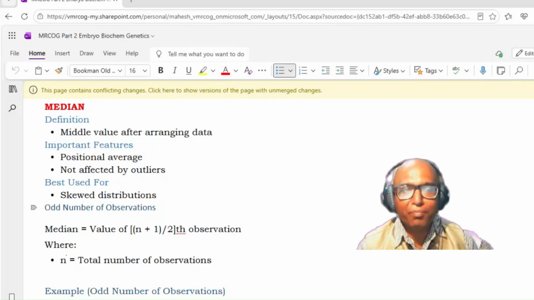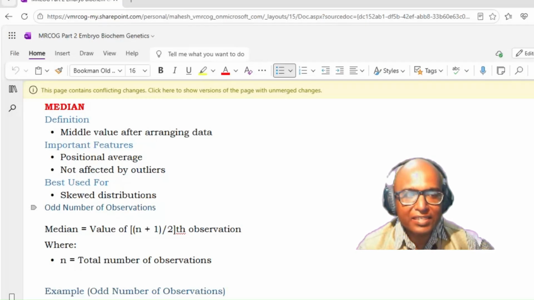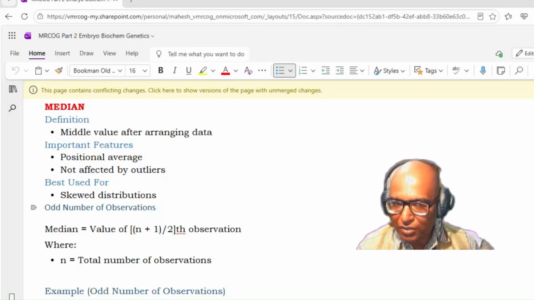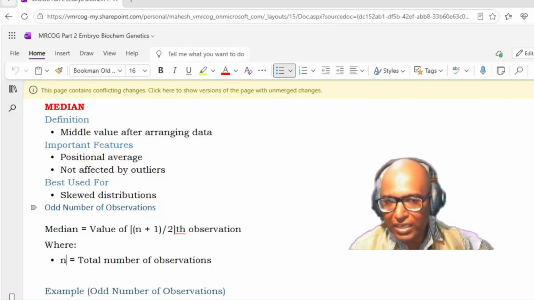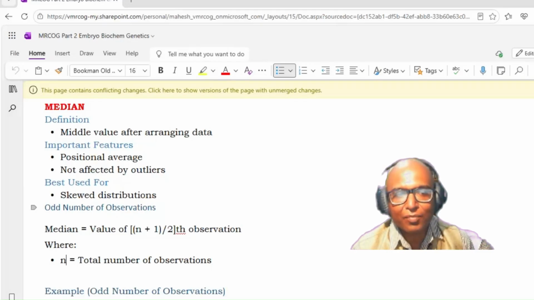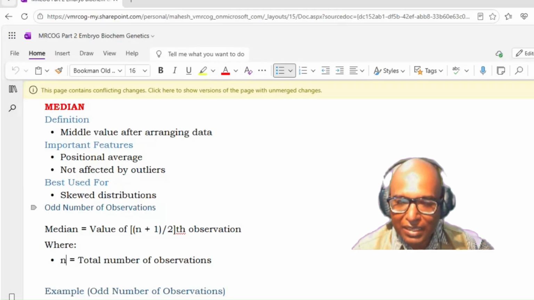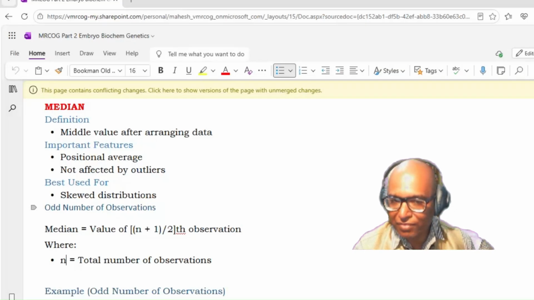So median is the middle value after arranging the data. The important thing is that it is the positional average. It is not the mathematical average; it is the positional average, because we are arranging the data and taking whatever is the middle value. It is not affected by outliers, while mean was affected by outliers, but median is not.